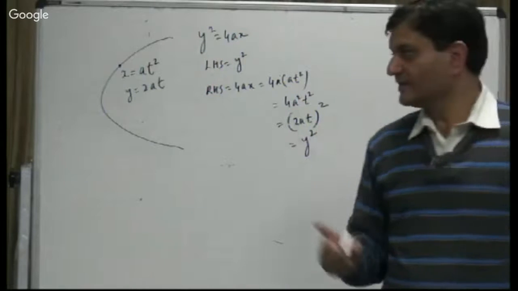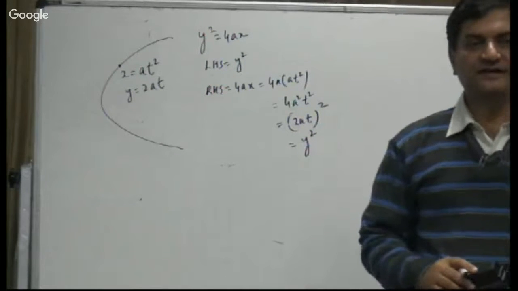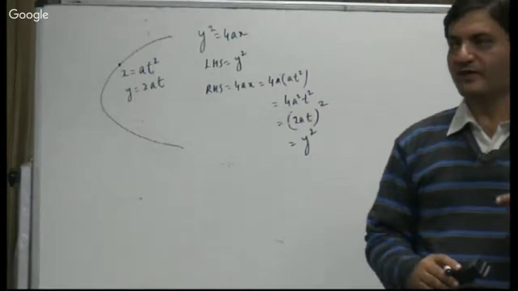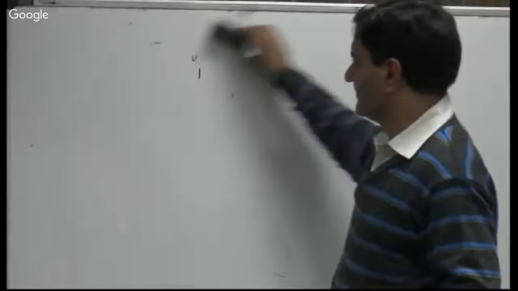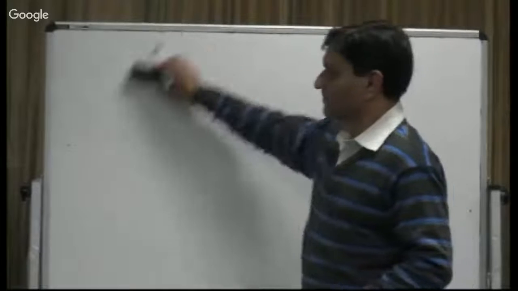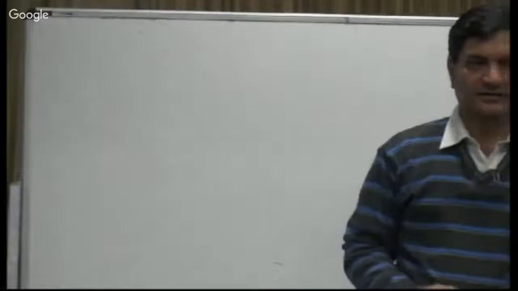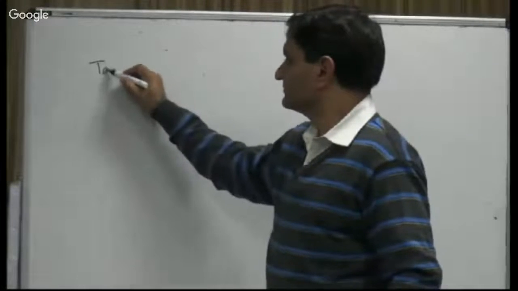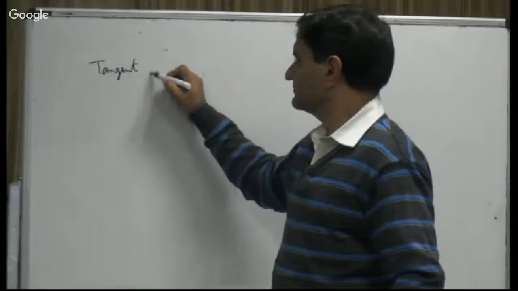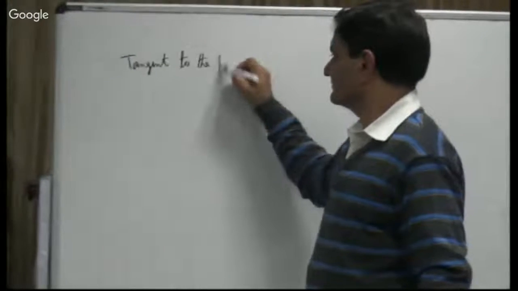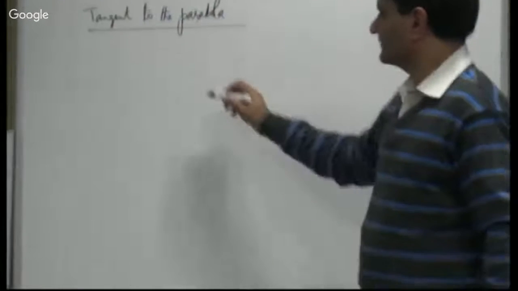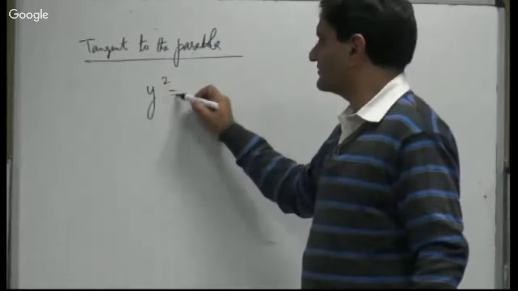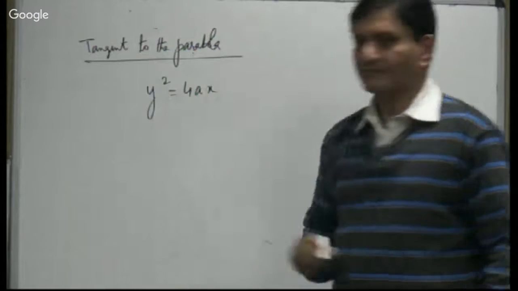Parametric form. Now, how will you find tangent to a parabola y square equal to 4ax at a point which is given on it? Tangent to the parabola. Parabola is y square equal to 4ax, right?